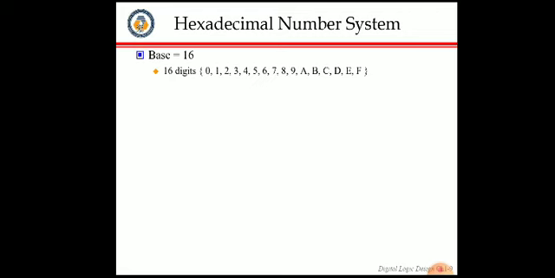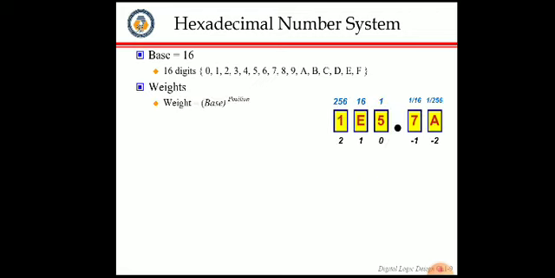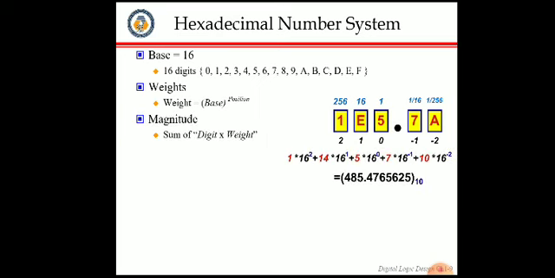Now, let us take a number 1E5.7A. Similarly, the weights here are 16 power 0, which is 1, 16 power 1, which is 16, 16 power 2, which is 256, and the next weight is 16 power 3, and so on. After the fractional point, there are 2 digits: 16 power minus 1, that is 1 by 16, 16 power minus 2, that is 1 by 256, and 16 power minus 3, 16 power minus 4, and so on.